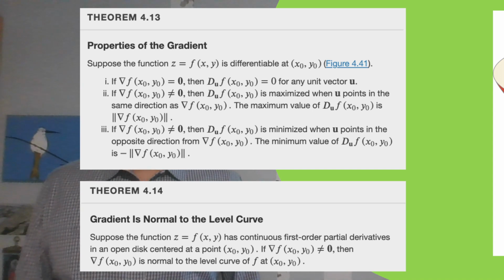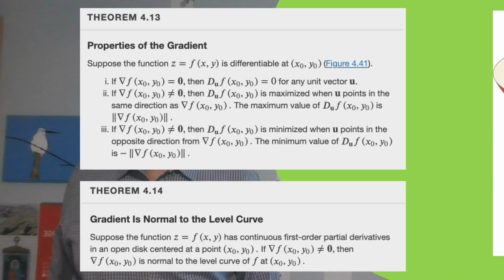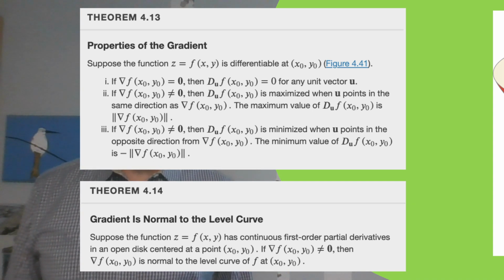If the gradient is not 0, then you can find the maximum directional derivative by going in the same direction as the gradient. And you can also find the minimum directional derivative by going in the opposite direction of the gradient. Not only that, the gradient's also perpendicular to a level curve.